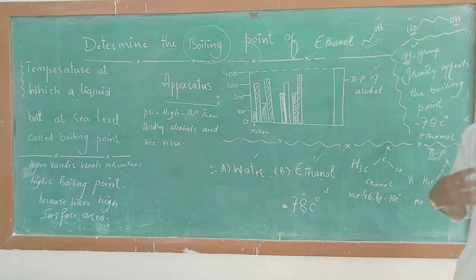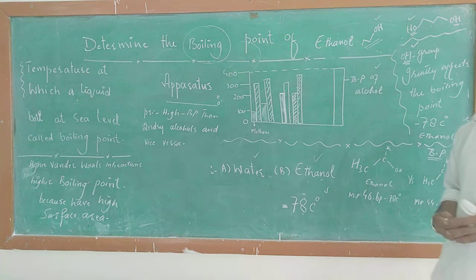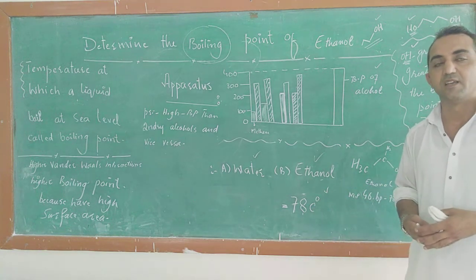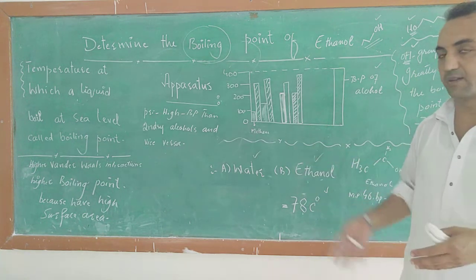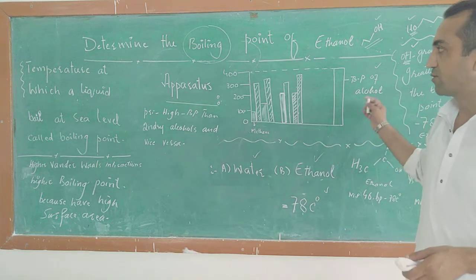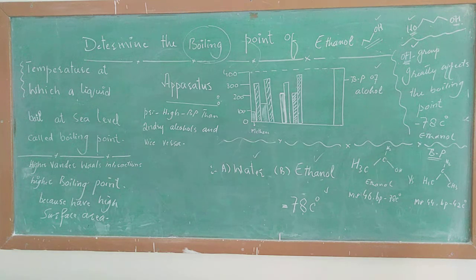It is used in many daily life activities, like we use it in medicines, we use it for recreational purposes, we use it for educational purposes, like right now we are doing. So how do we identify which alcohol this is, and whether it is a secondary, primary or tertiary alcohol?